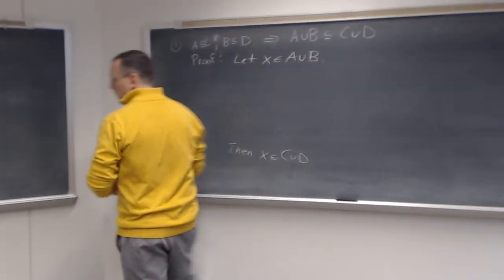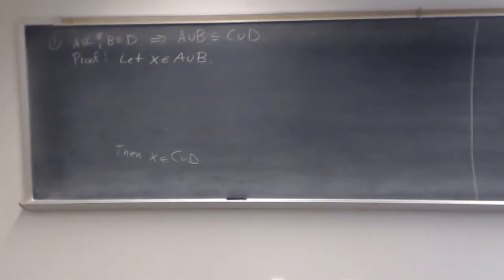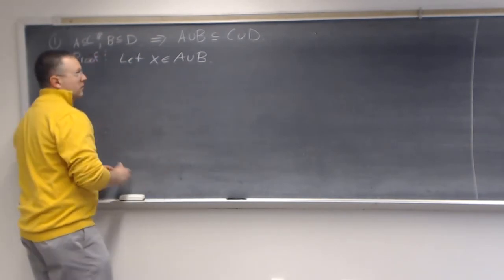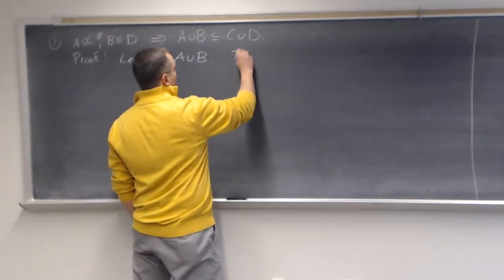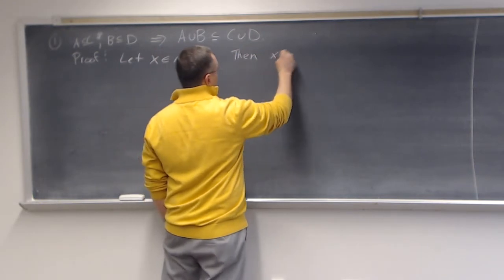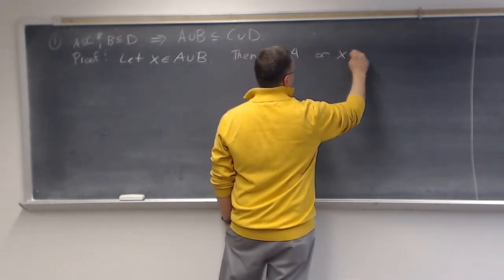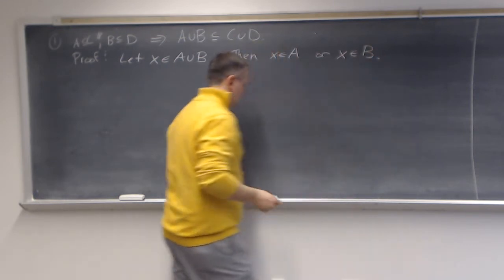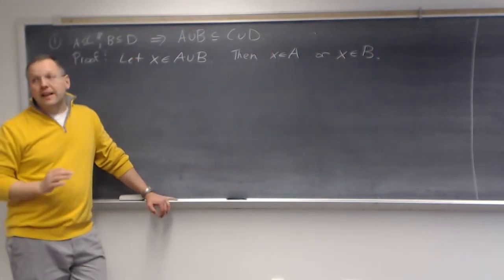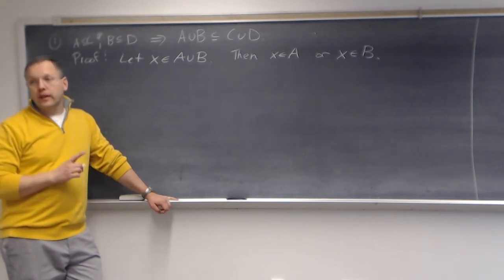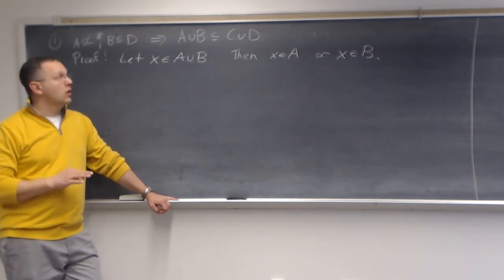Okay. Now, what does it mean for X to be an element of A union B? That tells me that X is an element of A, or X is an element of B. A lot of people concluded that X is an element of A, or even started with let X be an element of A. That's not true.